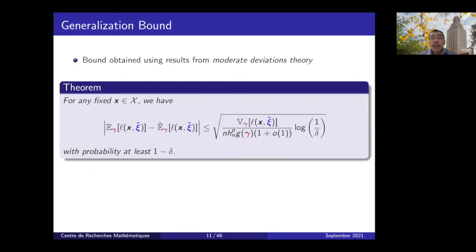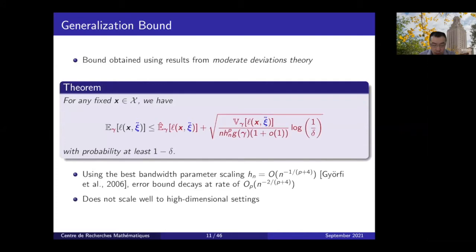Okay, so we first began by adapting ideas from moderate deviations theory to obtain out-of-sample guarantees for the estimator. So this gives the result here. And rearranging the terms, we can get this form where we find that for any fixed decision x, the true expected loss is upper bounded by the empirical loss, your Nadaraya-Watson estimate, plus a square root term that depends on the conditional variance of the loss function in the numerator.